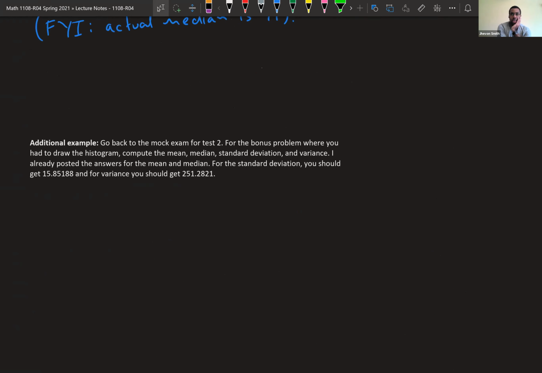At this point, as an additional example for more practice, you can go back to the mock exam for test 2. In the bonus problem, I asked you to compute the mean and the median. I didn't ask you to compute standard deviation, but you can go back and compute that.